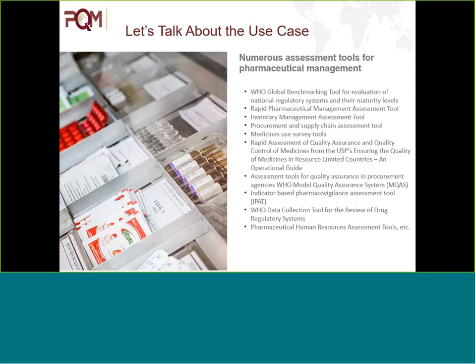So all these aspects of the pharmaceutical management cycle will play out. There is the selection, and the clinical practice guidelines and standard treatment guidelines have to have those new regimens identified as the first line.